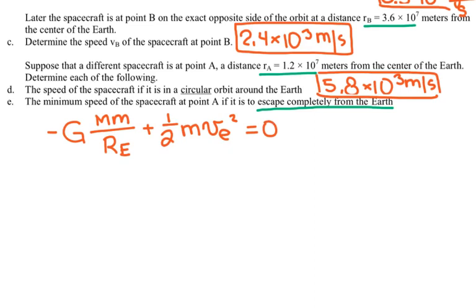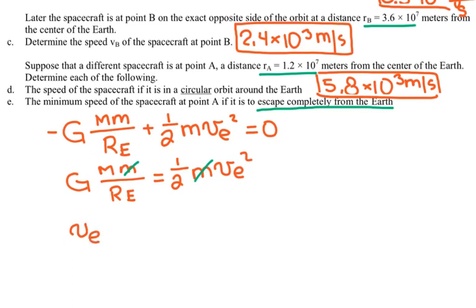So if I set them equal to each other, I have G M m over R, and this is the Earth, equal to 1/2 m times the escape velocity squared. And again, m and m can be cancelled. That means the escape velocity does not depend on the mass of the spacecraft. What it does depend on is the mass of the planet and the radius of the planet, and G is a constant.